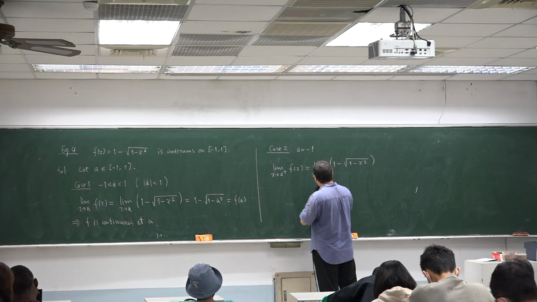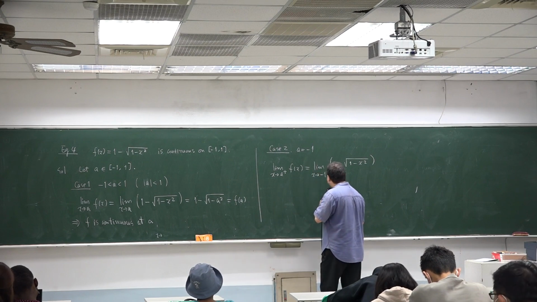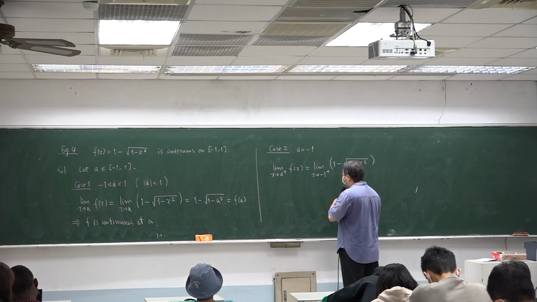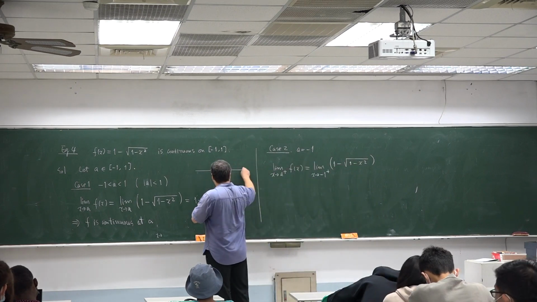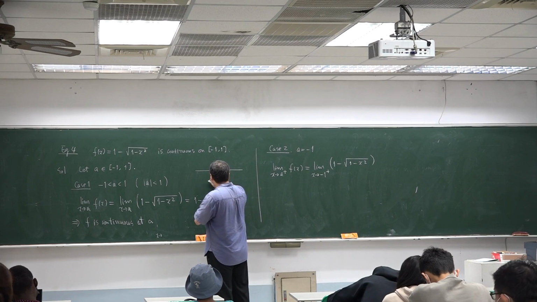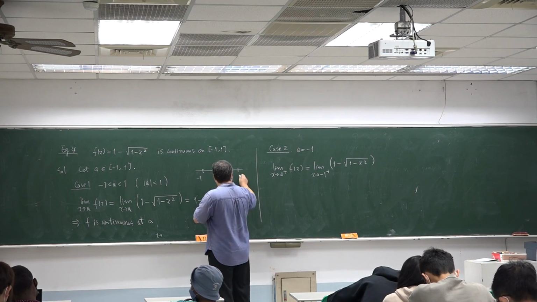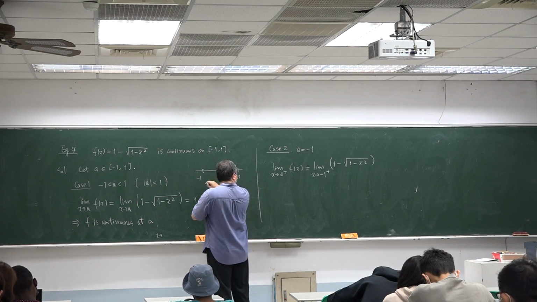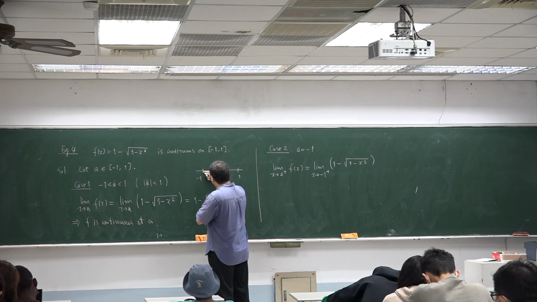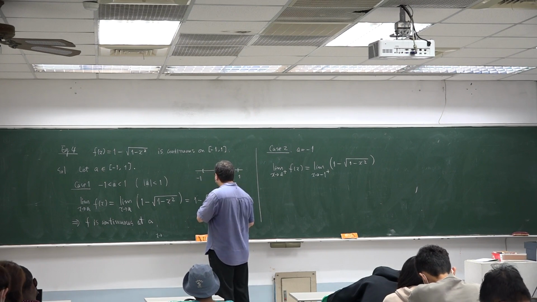From the right means x is closer to 0 than -1.